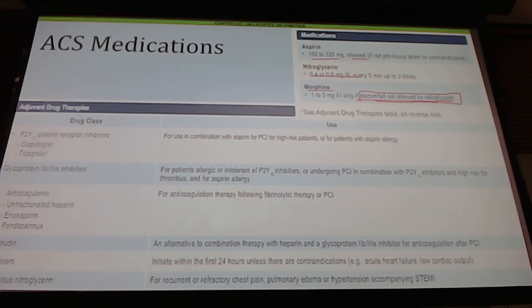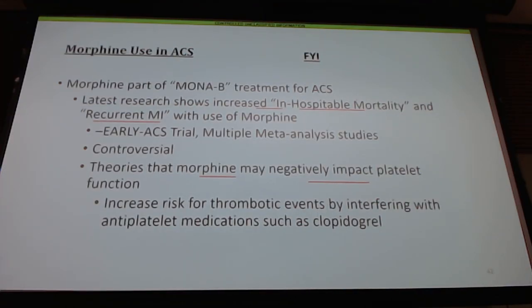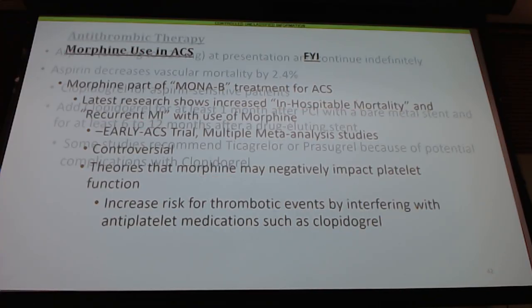If I'm only giving morphine to people with persistent chest pain despite nitro, is that patient already at a higher risk than somebody who had their pain relieved by nitro? That's the question. So again, it comes down to causation versus correlation. Are we selecting our patients for morphine who already are at risk of having worse outcomes? So more to follow on the use of morphine as part of this.